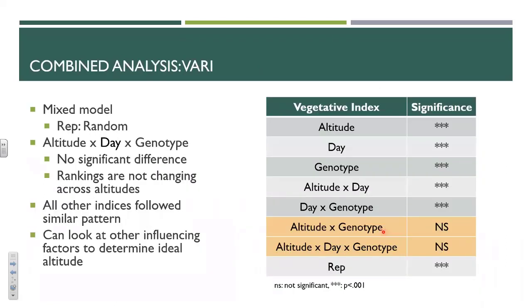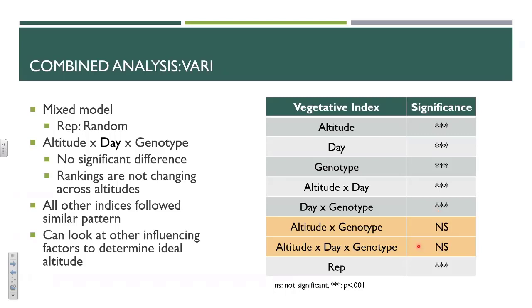We looked a little further into this by running a mixed model. It included altitude, day, and genotype, and then rep was random. The first thing I want you to look at is altitude by day by genotype. This is not significant. So that means across all the days and altitudes, the genotypes were not changing ranking for VARI.